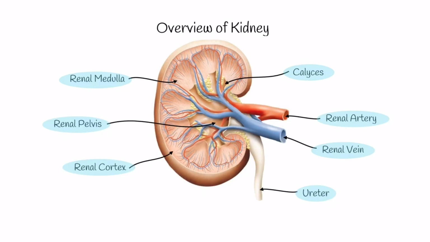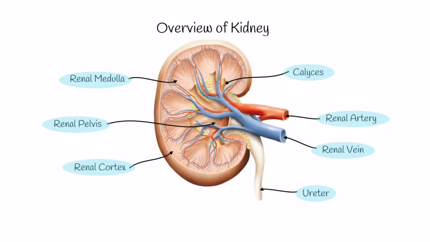Third is the ureter. The ureter is where urine travels from the kidney to the bladder through thin tubes. Fourth is the calyces. Calyces comprise the minor calyx and major calyx, which act as a reservoir for urine received from the collecting tubes. They also conduct urine to the upper ureter.